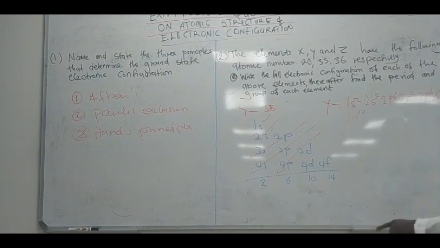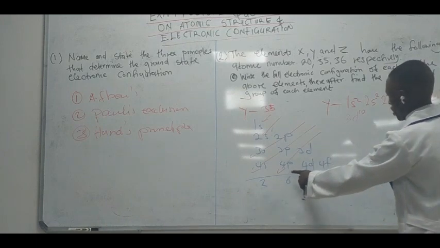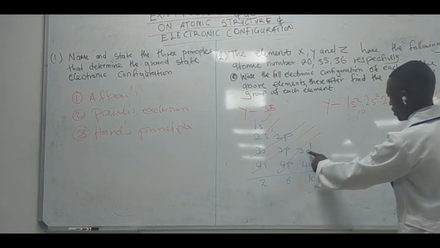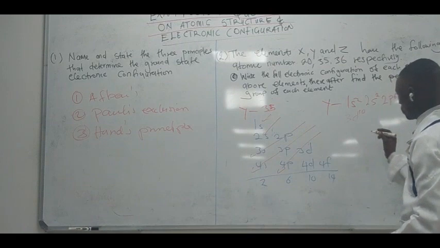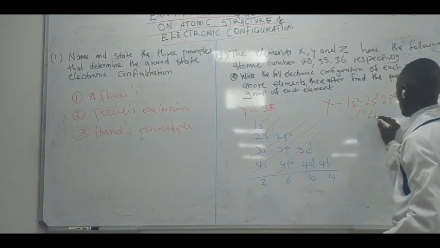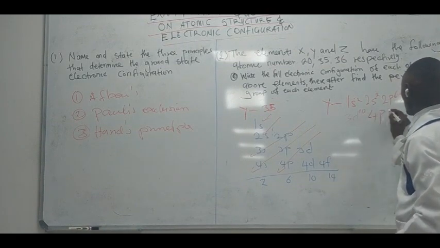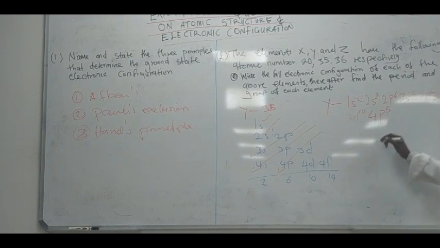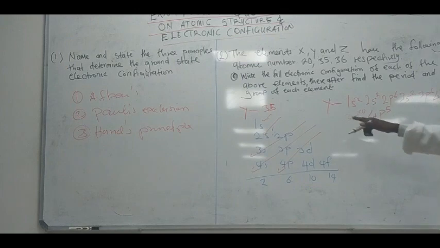Okay, so from here, you have 3d10 and 4p, so I'm going with 5 electrons. I'm going to get my 4p, I'll put 5, because the highest it can hold is 6, so I'll just pick up 5 to hit the number I'm looking for.